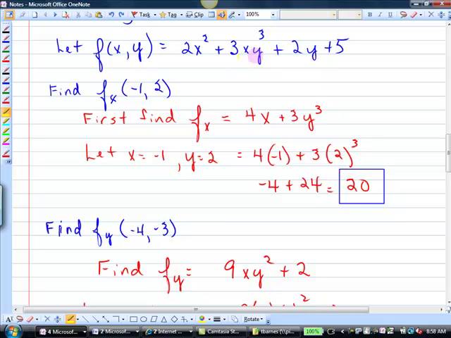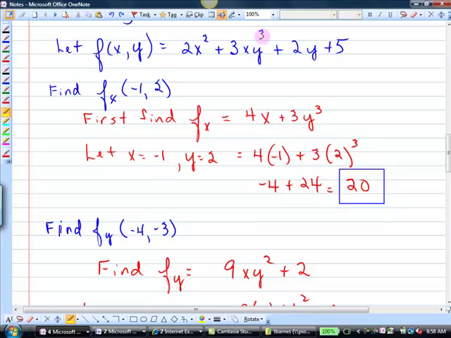Then we got to think about this guy, the 3xy cubed. All right, so 3 times 3 is 9, because we're taking the derivative with respect to y. So 9y squared, but the x is attached there, so 9xy squared, because the 3x is just a constant.